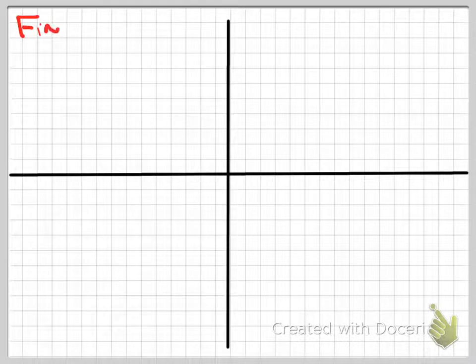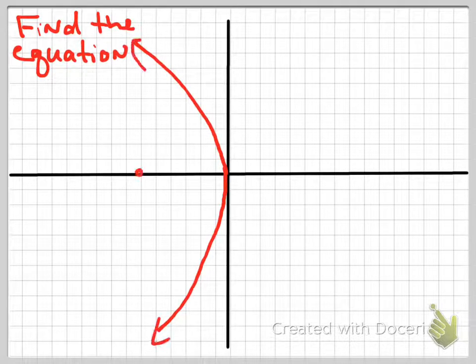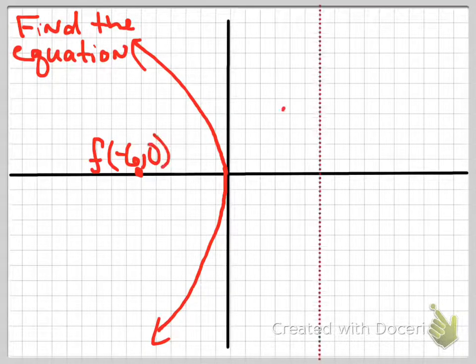Okay, so let's look at this here. We're going to find the equation of a parabola that looks like this, and I'll give you the focus and the directrix. Notice here that they're the same number, just different signs.